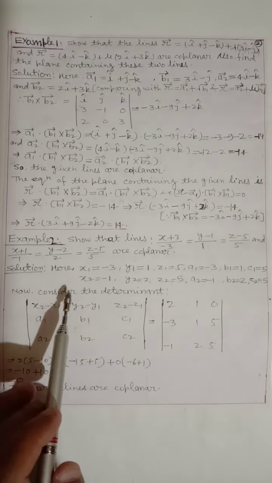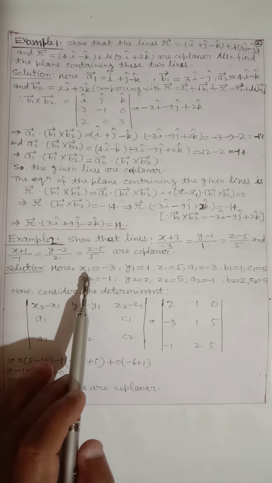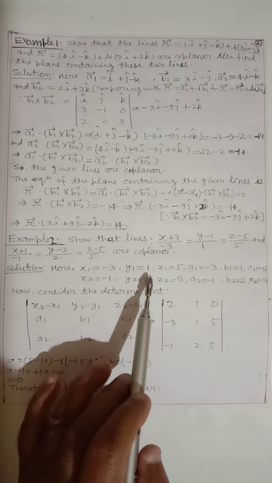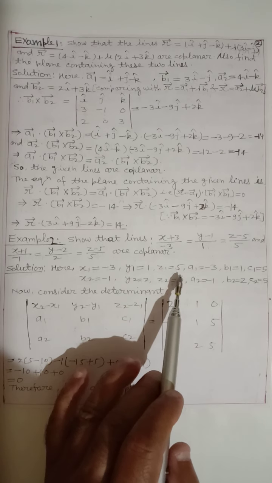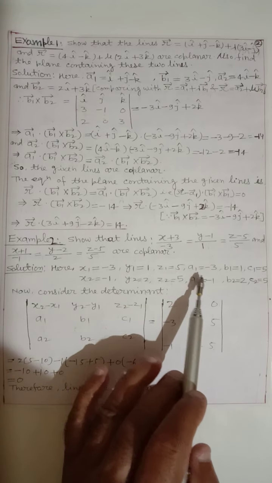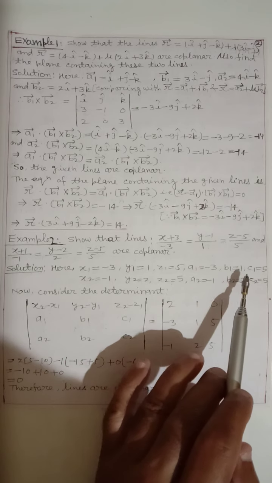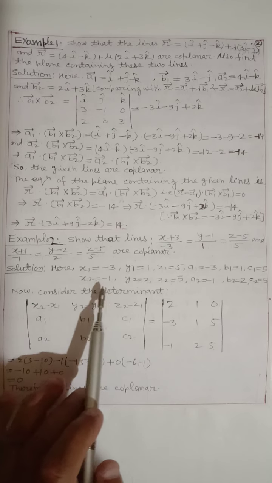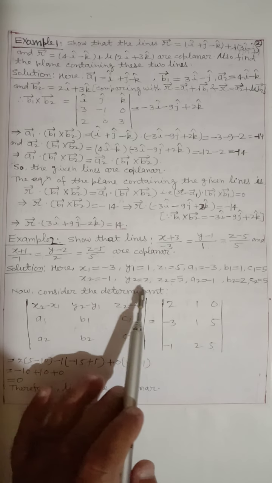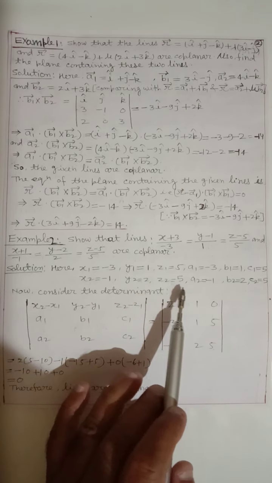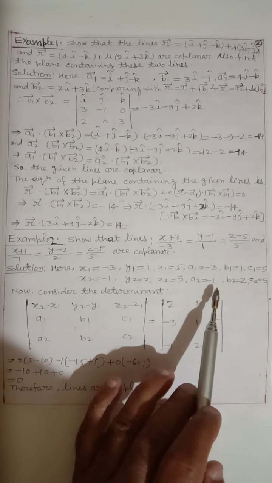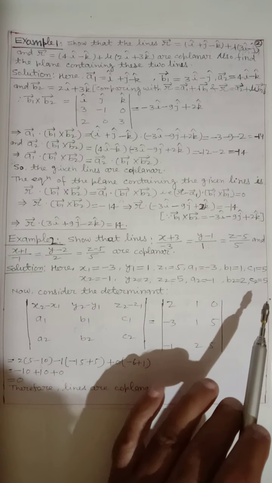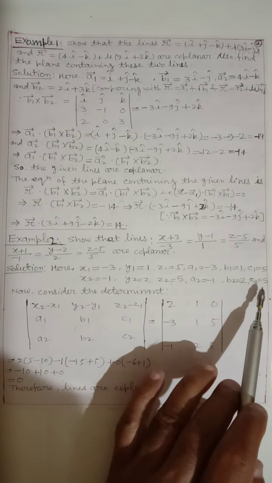Dear students, here we have x1 equal to minus 3, y1 equal to 1, z1 equal to 5, a1 equal to minus 3, b1 equal to 1, c1 equal to 5, x2 equal to minus 1, y2 equal to 2, z2 equal to 5, a2 equal to minus 1, b2 equal to 2, and c2 equal to 5.